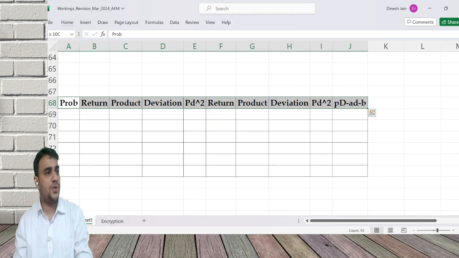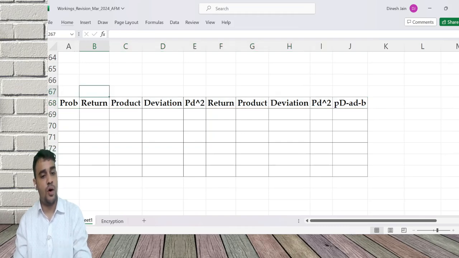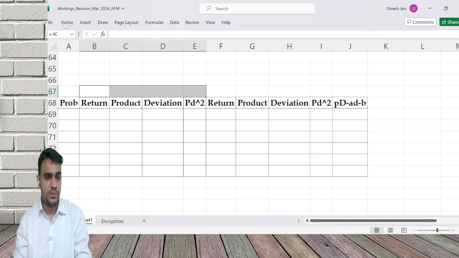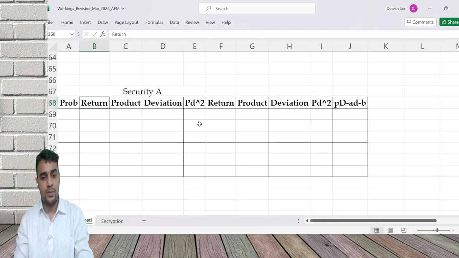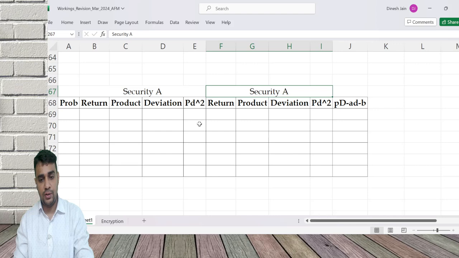Okay, nothing much for you to see in the question, right? Probability, 4 columns. What are the two security names? Security A with 4 subcolumns, security B with 4 subcolumns.